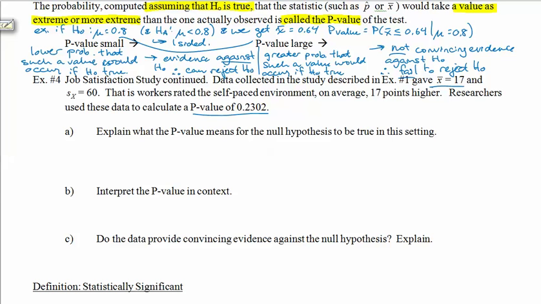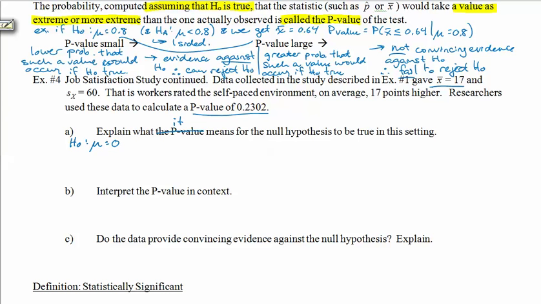And we want to know, first of all, what does it mean for the null hypothesis to be true in this setting? So I'd like you to have a quick glance at these and try them yourself, and then come back. So in this case, H naught: mu equals 0.